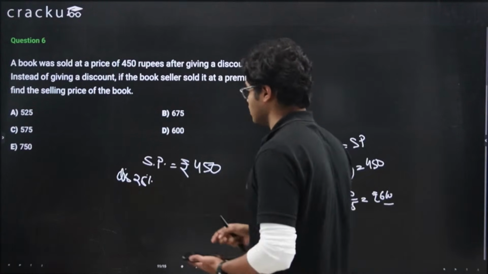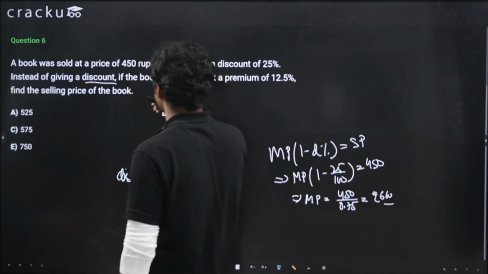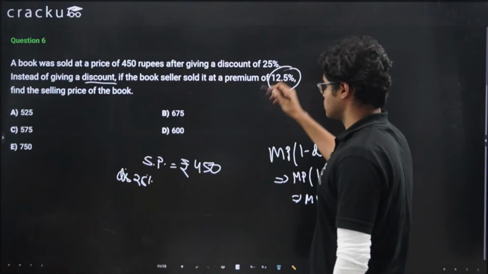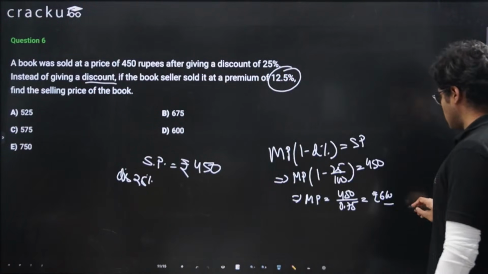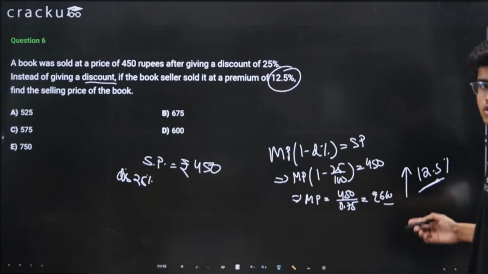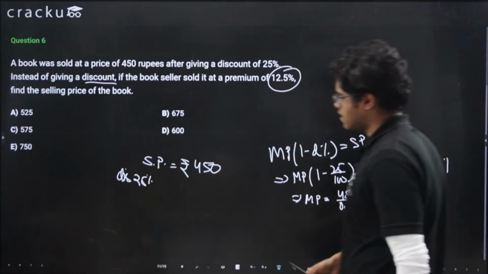Now instead of giving a discount of 25%, if the book was sold at a premium of 12.5%, this is the marked price. Now we are giving a premium of 12.5%, meaning we are boosting the marked price by this amount. So what is the selling price?